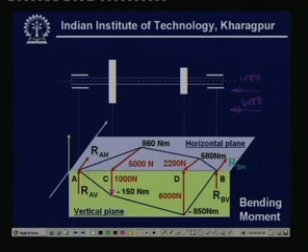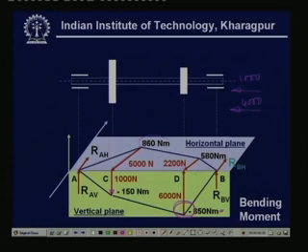If we look into this, in the vertical plane the bending moment diagram is given in this manner, where the maximum value of bending moment occurs at D and is given by the value minus 850 Newton meter. In a similar manner, in the horizontal plane the maximum bending moment is at C as 860 Newton meter.